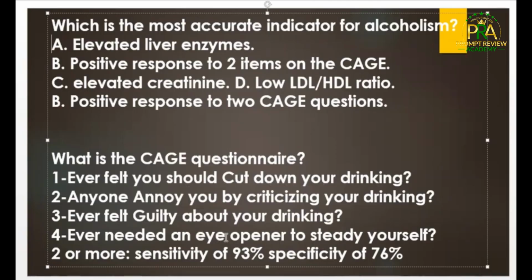I constantly say that the CAGE questionnaire is just secondary prevention, and you have to know it because they will always ask you which of the following is not included. Example might be, how many bottles do you drink in a day? Or some other things that are not included. But remember, cut down on your drinking, annoyed by criticizing your drinking, guilt, and eye opener. So your CAGE questionnaire, you will always see something on this. Remember that.